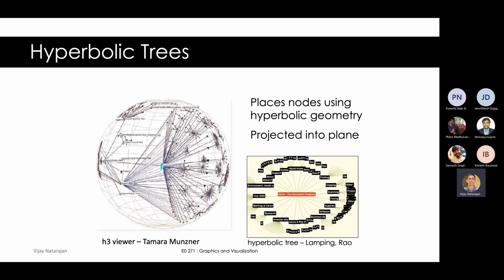One of the early uses of this hyperbolic space is that it allows you to deform the edges and their lengths, because you don't have straight lines anymore in this hyperbolic space.